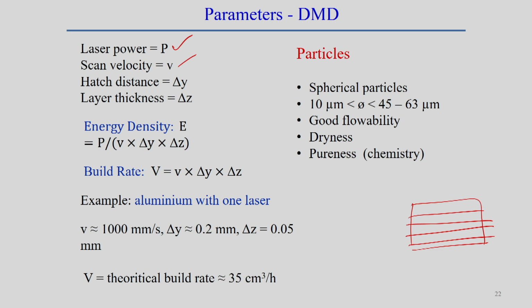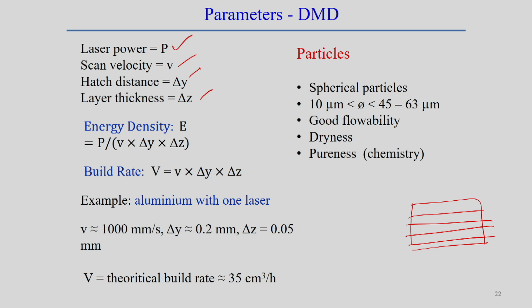Then the hatch distance delta y and the layer thickness. In the y direction, when you produce one particular layer, it is limited to a certain amount of width. That width is delta y and the layer thickness is delta z.